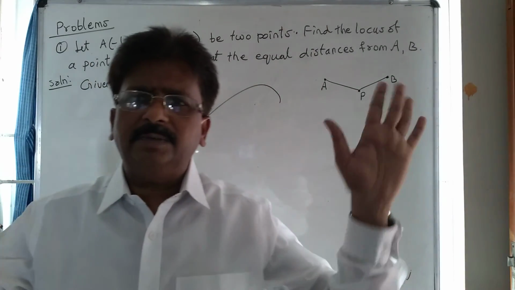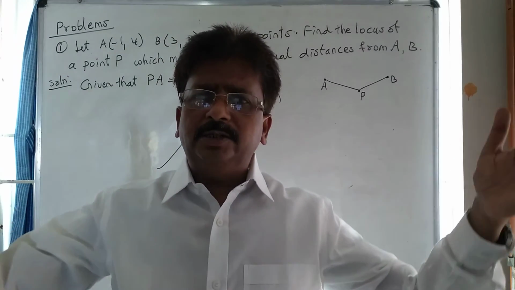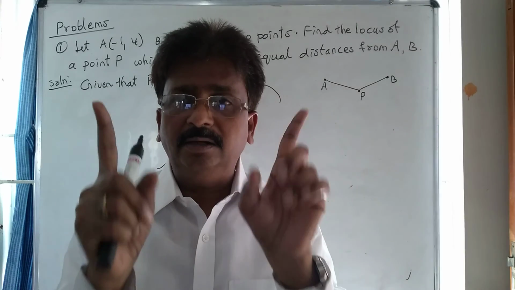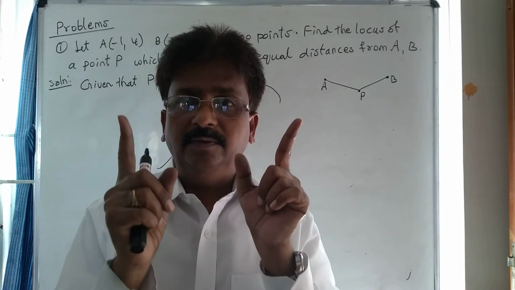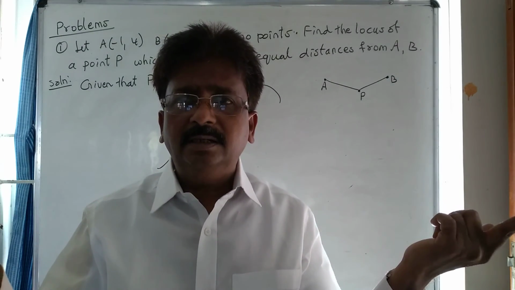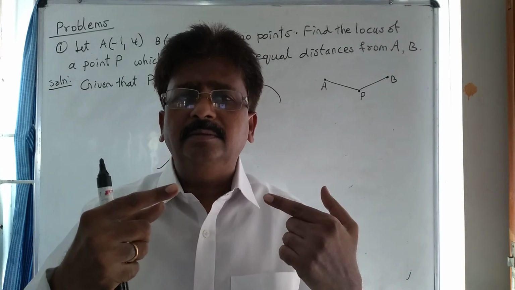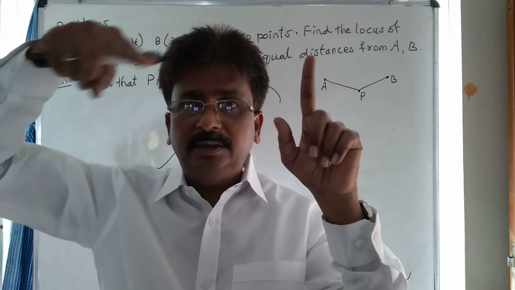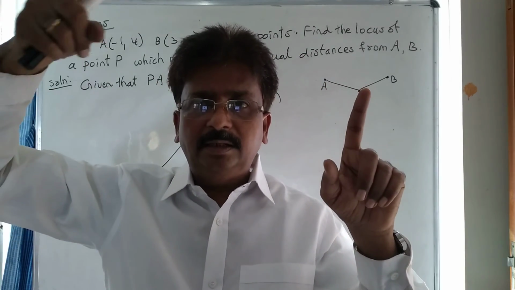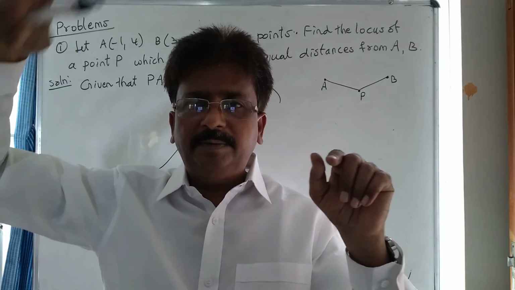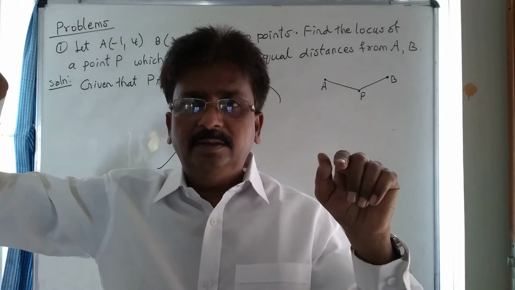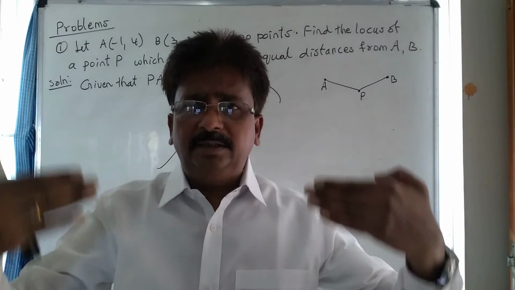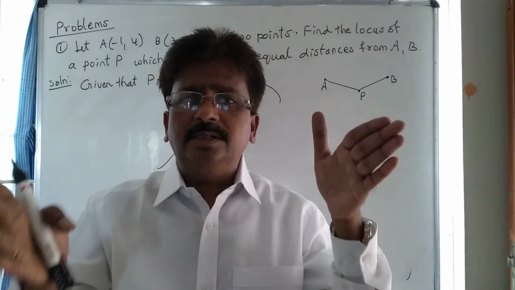So in every locus problem, the final answer should be an equation consisting of x and y. Some moving point is there. The x represents the x coordinate, y represents the y coordinate.